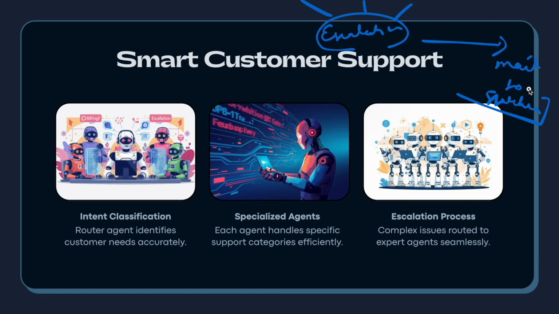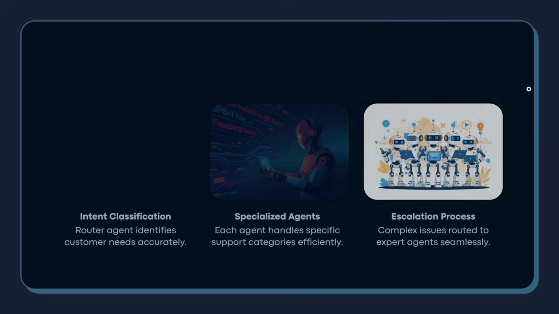Now from here the human interaction might begin, the developers and all those things. So yeah, that was an example. I had explained it just previously as part of the hierarchical multi-agent architecture. Smart customer support, you can design it on your own as well.